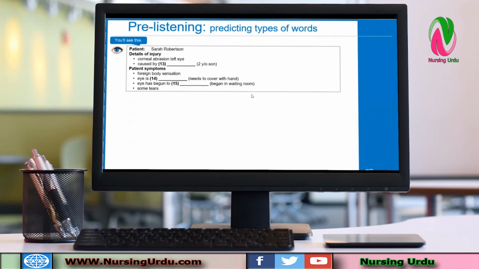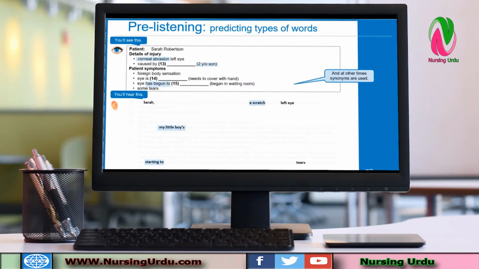So remember that you will see this on your page, but sometimes the exact same words are going to be used. So you can see left eye, tears, but on other occasions they're going to use paraphrasing, right? They're going to use paraphrasing.